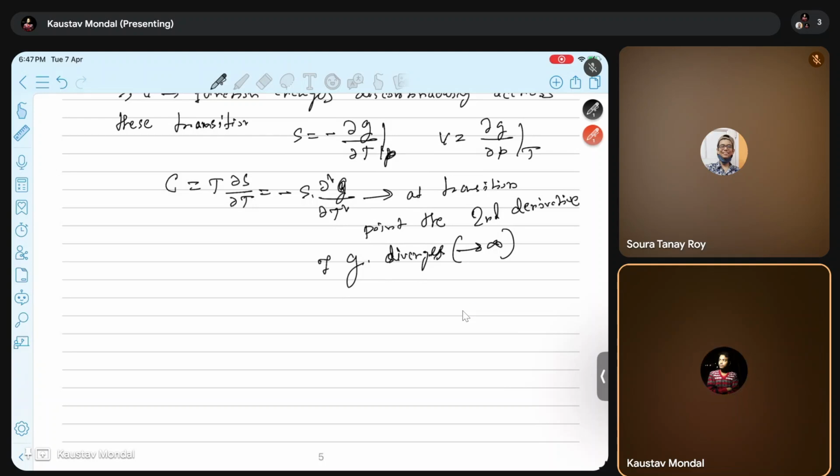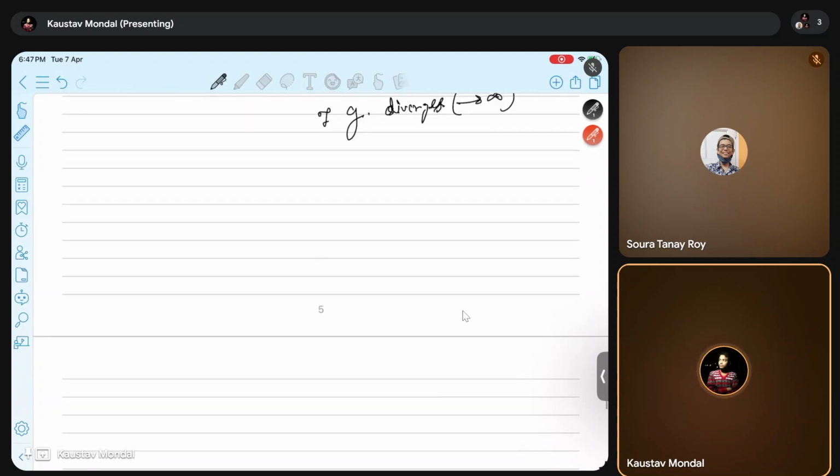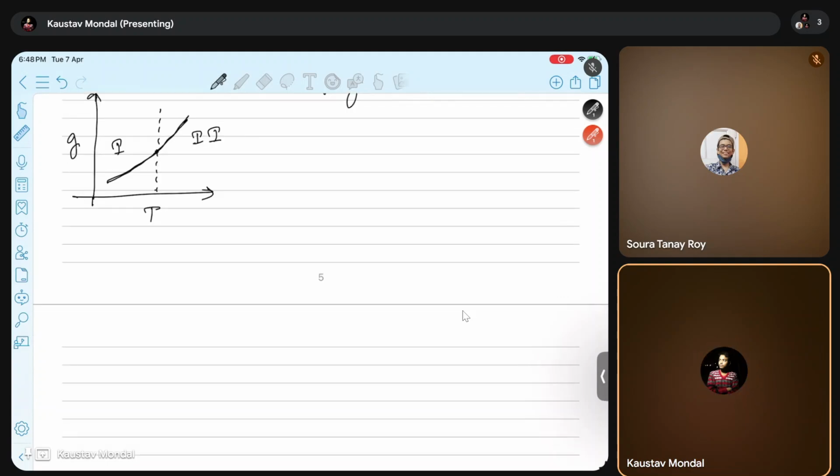Okay. So in terms of diagram, PT diagram, GT diagram, how will it look like? So G, the Gibbs free energy, will remain continuous. If you plot G versus T, and this is the point where the transition is happening at this temperature point, when the Gibbs free energy changes from phase 1 to phase 2, it will just change like this. It remains continuous.